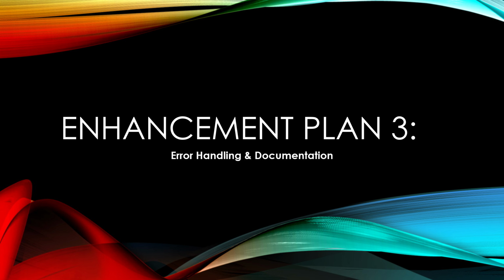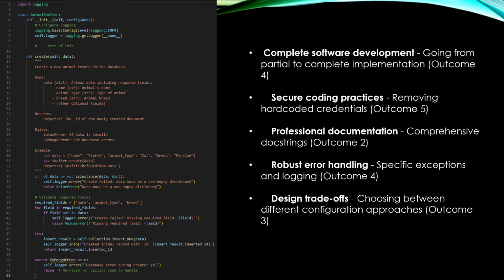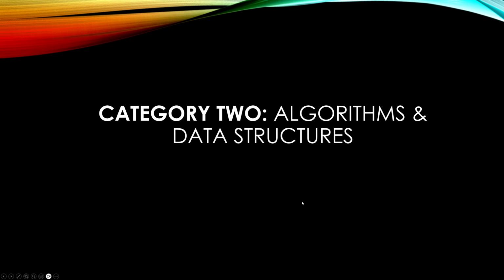Third enhancement plan will be error handling and documentation. These enhancements demonstrate specific skills that align with course outcomes. Complete software development aligns with outcome 4, security coding practices with outcome 5, professional documentation with outcome 2, robust error handling with outcome 4, and design trade-offs with outcome 3.